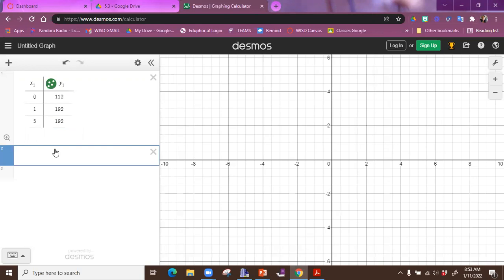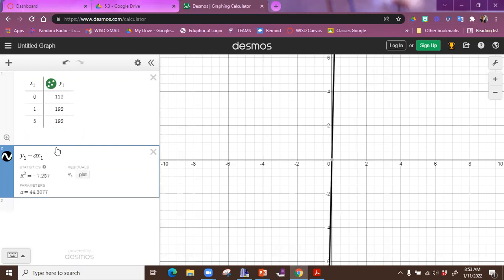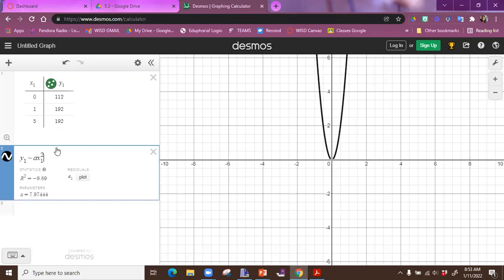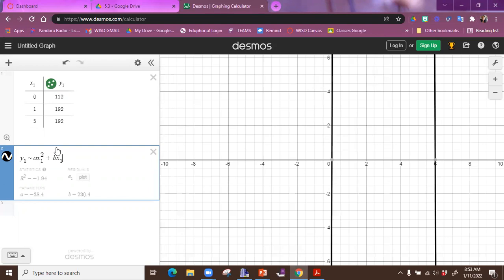And I'm going to type in the expression, the regression model expression, just as is. Y1 squiggle line, AX1 squared plus BX1 plus C.